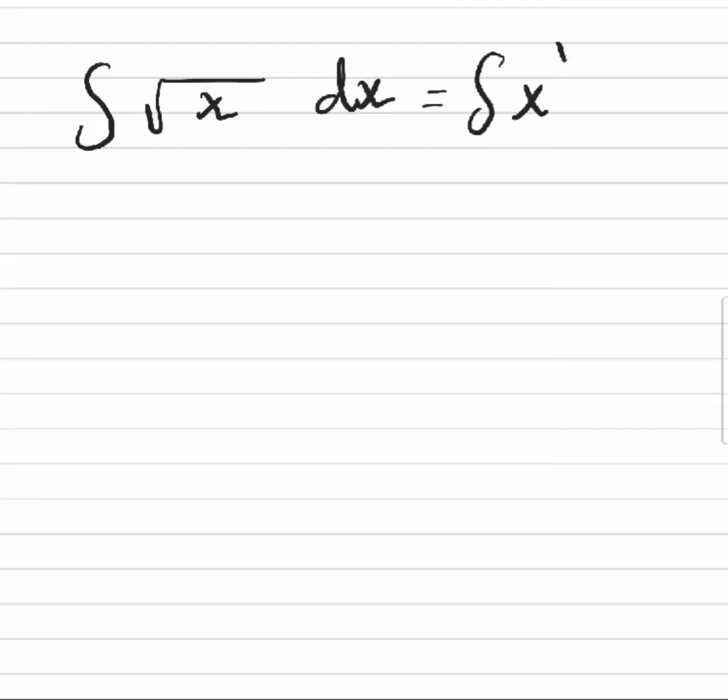Now what about square root functions? What is the antiderivative of the square root of x? If you see a question like this, rewrite it. This is the same as x to the 1/2. Now we need to add 1 to the exponent. 1/2 plus 1 is the same as 1/2 plus 2/2, which is 3/2.